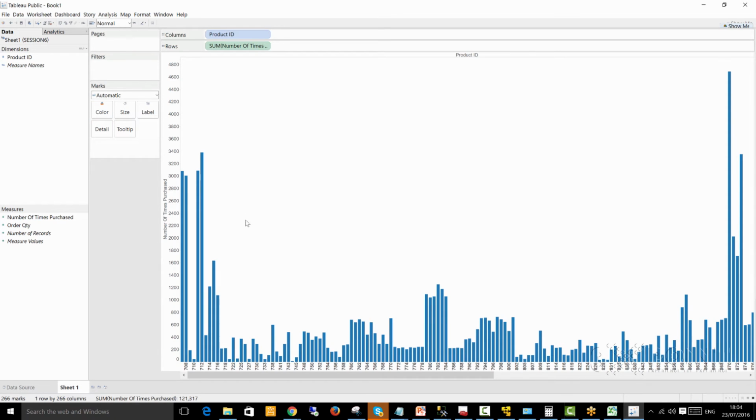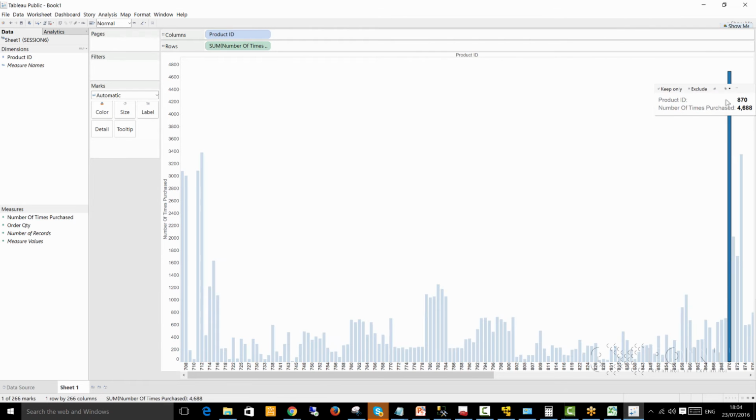And you can easily see how Tableau has smartly transformed the figures, the numbers, into a chart that, without being told, without running an extra query, you can immediately tell that 870 has the highest number of times that it was purchased.